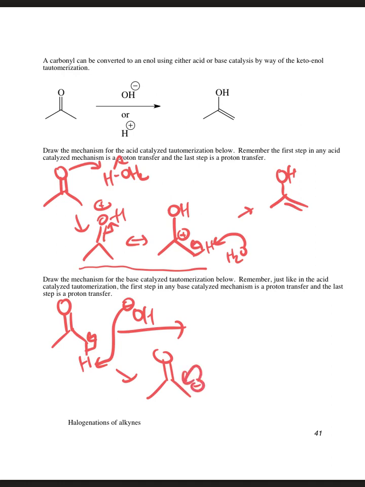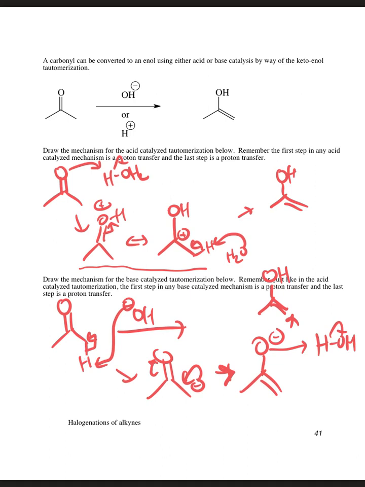We can draw a resonance structure, sending the electrons up to the oxygen to make the enolate, and then that can go grab a hydrogen off of water to form the enol. Okay, so we can do it the long way, or we can draw it the short way, just like in acid.